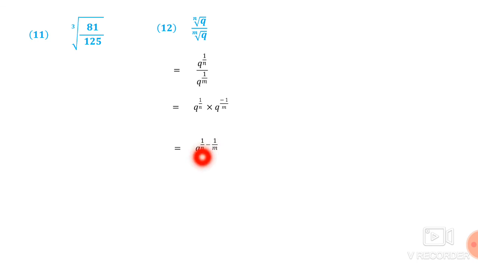It will be q exponent 1 upon n minus 1 upon m. This 1 upon n minus 1 upon m will be solved together by taking the LCM. We will get m minus n upon mn. This is the answer. Part 13, you have to do it yourself in the exact same way.